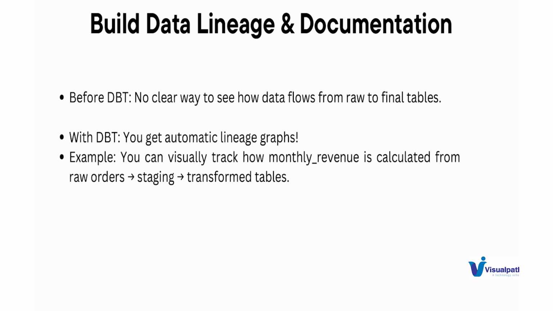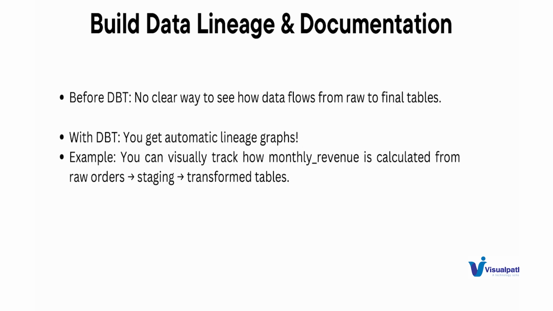Whatever upstream models are there, whatever upstream tables and staging tables are there, DBT creates the dependency itself, and when we run it, DBT starts with the basic raw, then staging and all, in the specific pattern. It does it automatically.